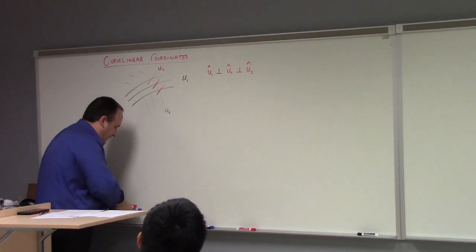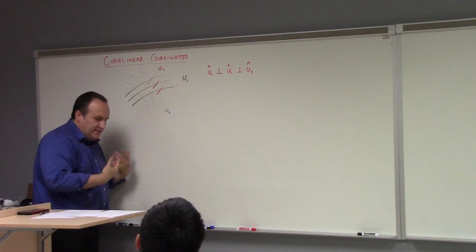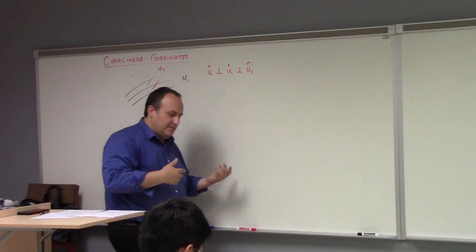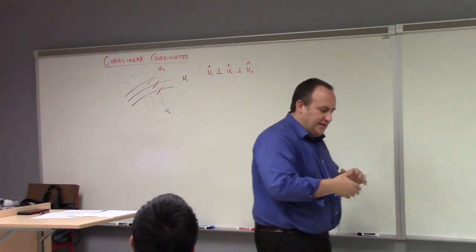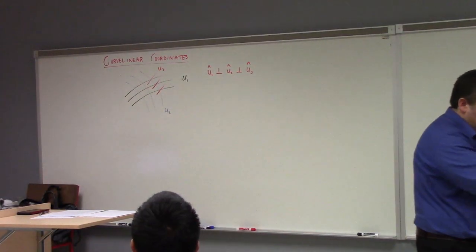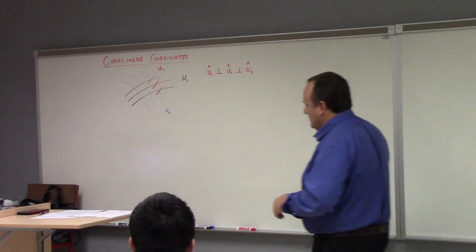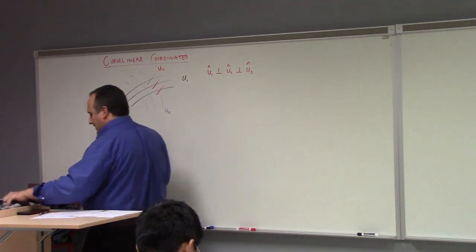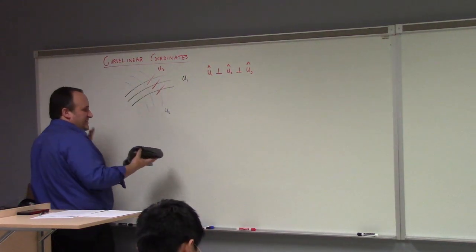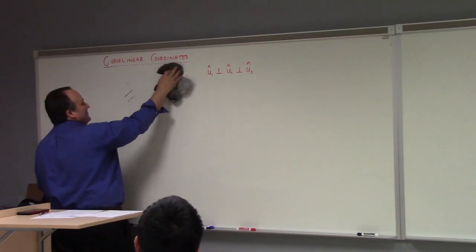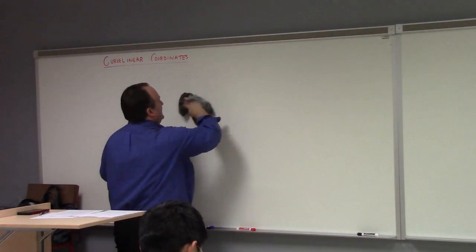So this is the general idea of a set of curvilinear coordinates. There are 3 functions of x, y, and z such that the levels of these functions divide the space up into points. I don't think this picture is terribly helpful, so I'm going to erase it. If you didn't get it down, you didn't miss much.